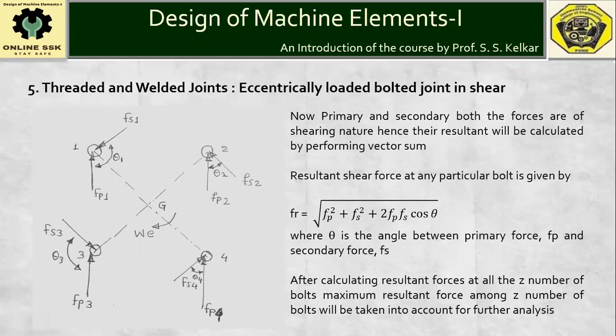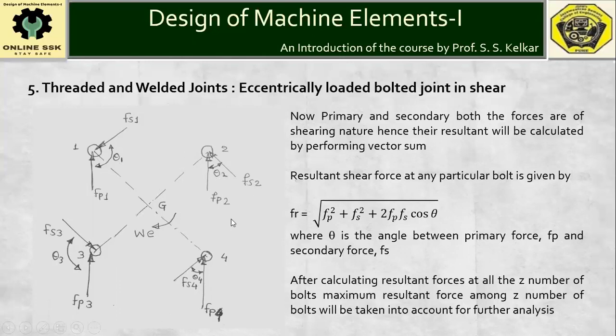Now it has been assumed that identical bolts are used at each of the places. That means bolt number 1, 2, 3 and 4, though they are subjected to different magnitudes of resultant force. You can see here theta 1 is different from theta 2.